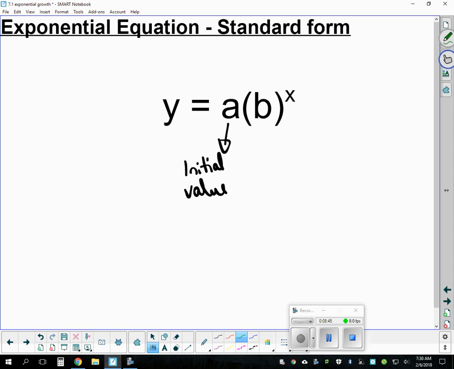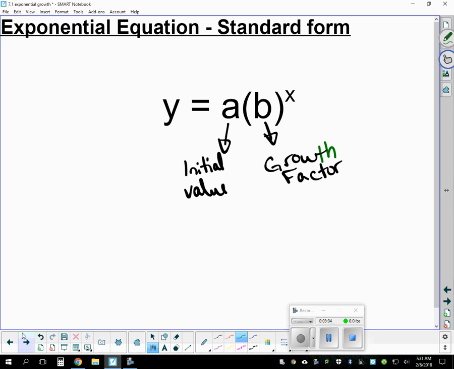For the b, that is your growth factor, and that is how much you're growing by. Maybe you're doubling, maybe you're tripling, then it'd be a 2 or a 3.